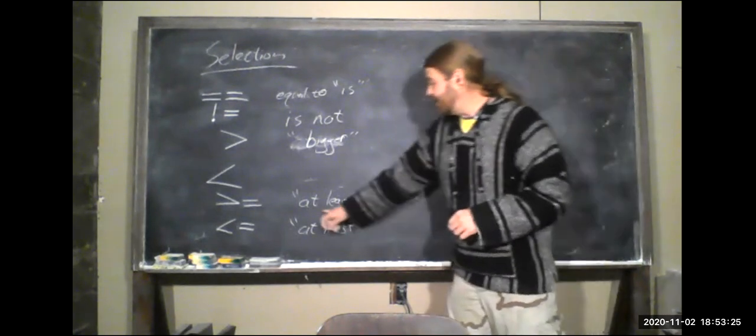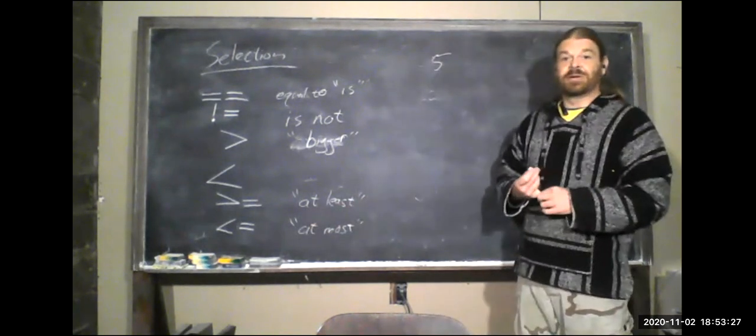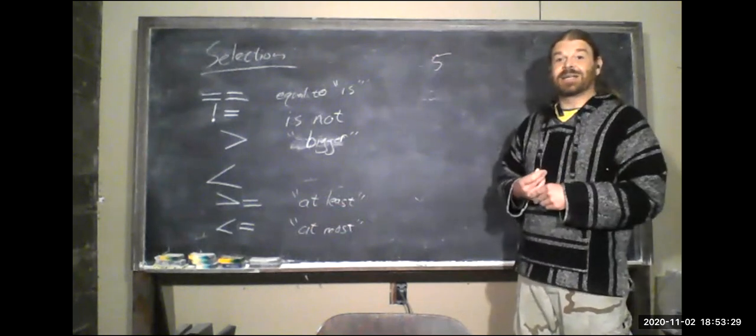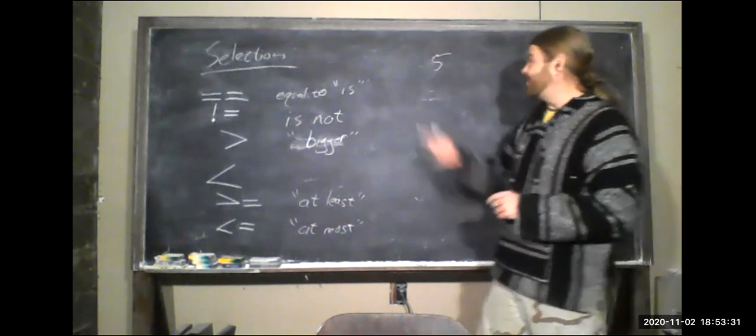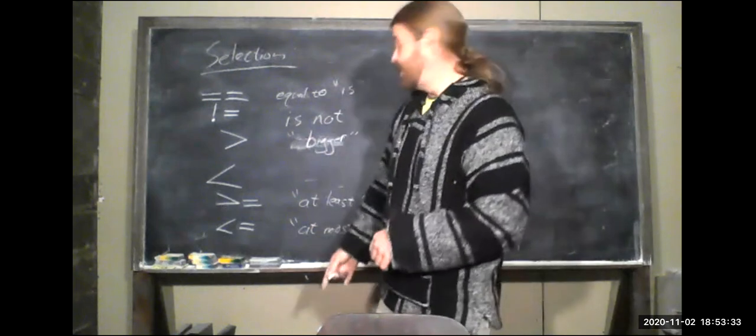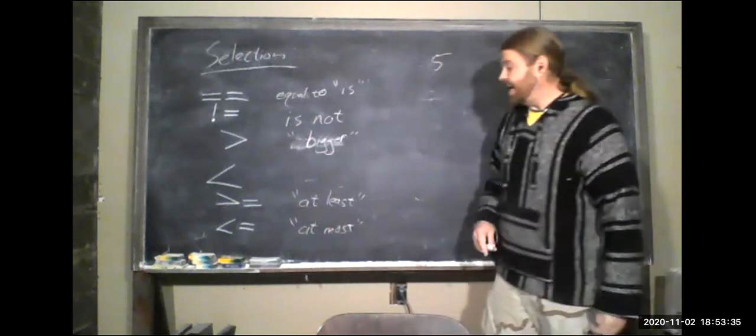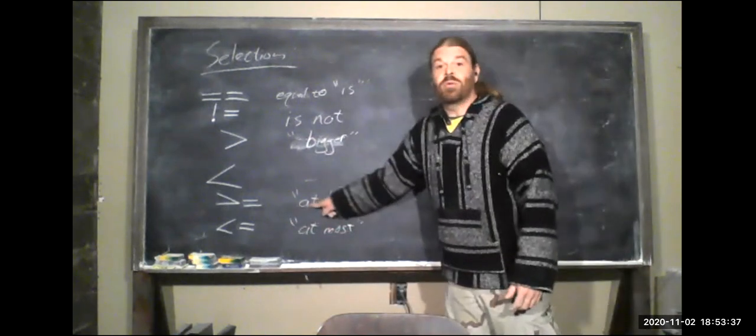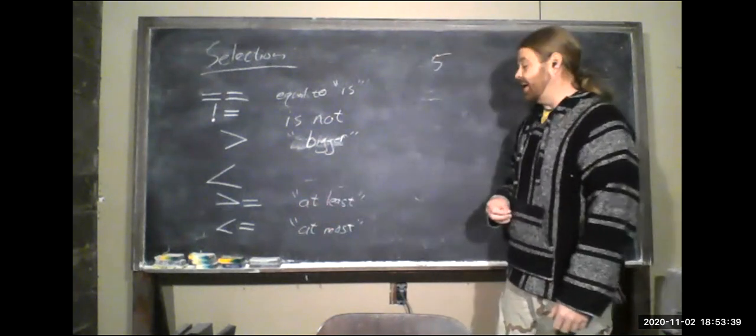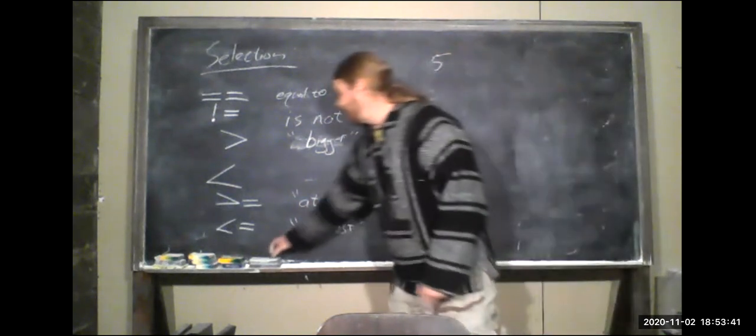We would check at least 5 when we'd say that in English, right? Like if you sell at least 5 cars, you get a bonus. And working in the words we normally talk in can help to put our conditions together.